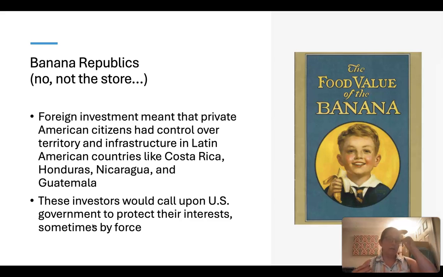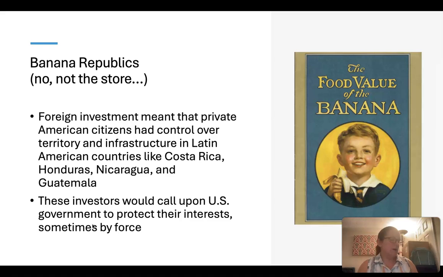A real example of this, all of this foreign investment meant that private American citizens had a lot of control over the territory and the infrastructure, especially in these Latin American nations like Costa Rica, Honduras, Nicaragua, Guatemala.